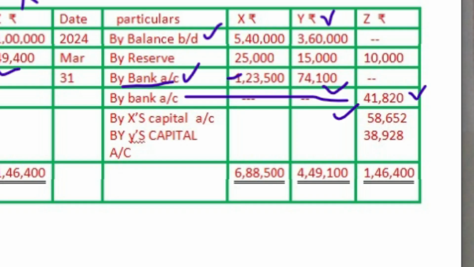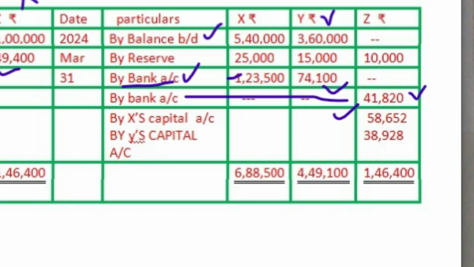And one more thing, the reserve. The reserve amount given in the question is 50,000, and that will be distributed among partners, including the insolvent partner, in the ratio of 5:3:2.